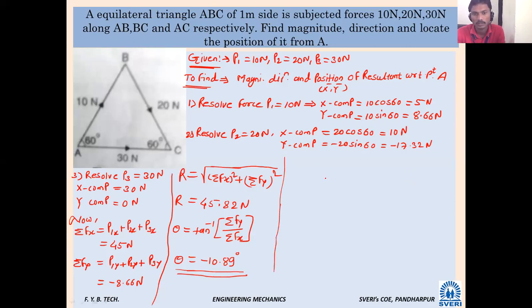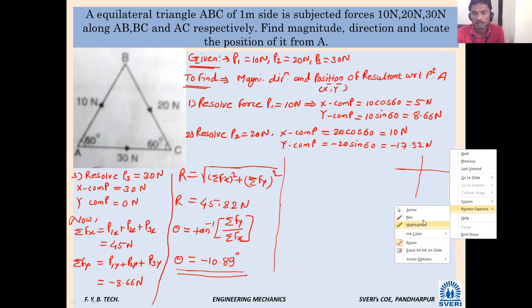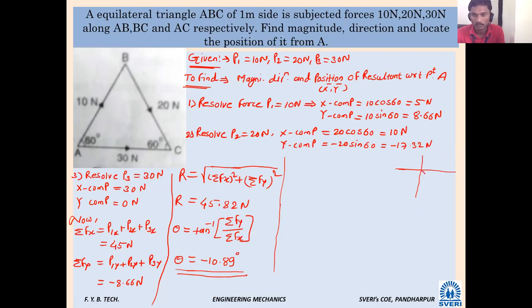So it will come in the fourth quadrant, somewhere here. R is 45.82, and this theta is equal to 10.89.